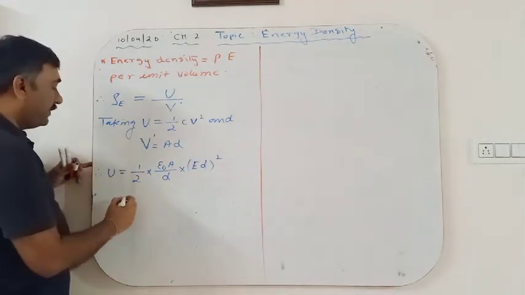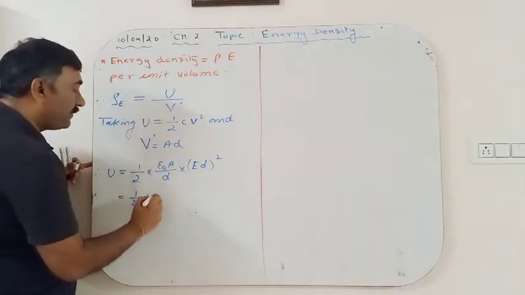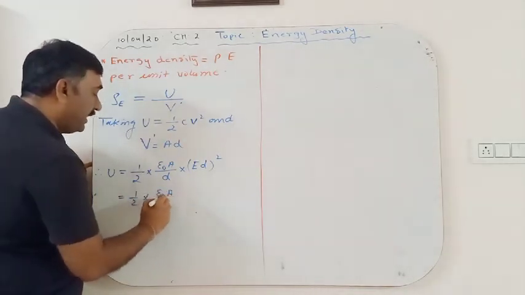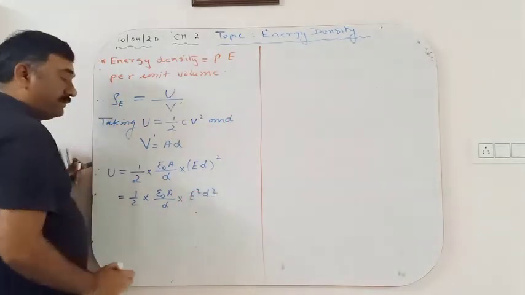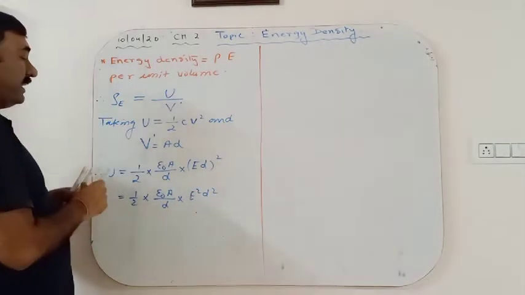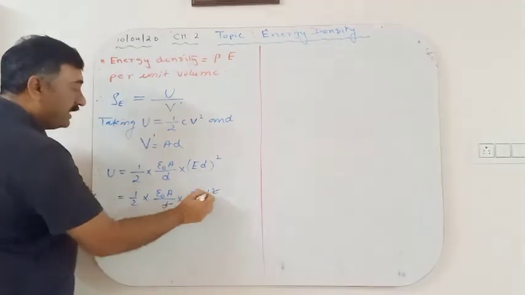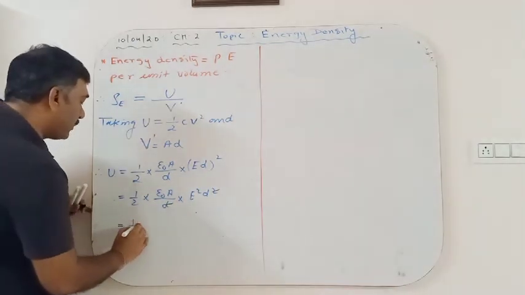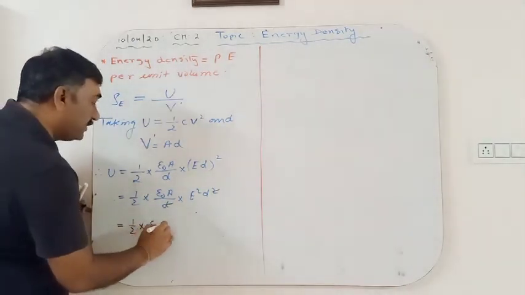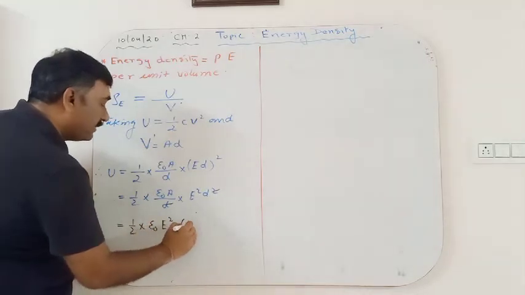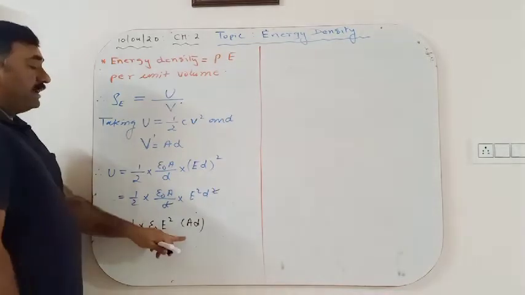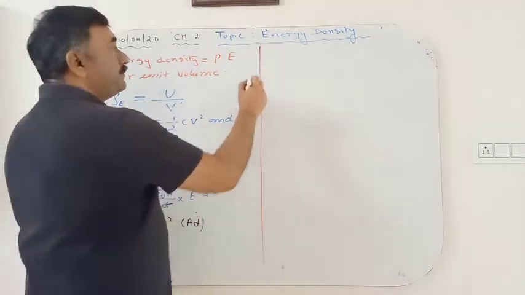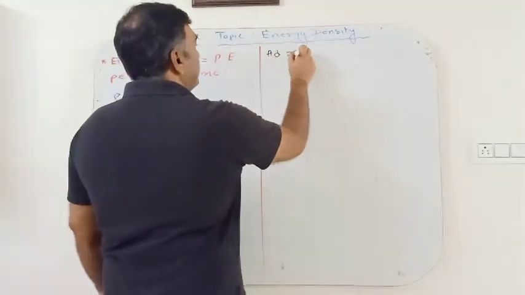Okay, so simplify this: half epsilon 0 A by D into E square D square. So which term cancels? From here, D cancels. Now we can also write half into epsilon 0 E square, then area multiplied by distance, this A and 1 D. And area multiplied by distance is the volume, AD is the volume.